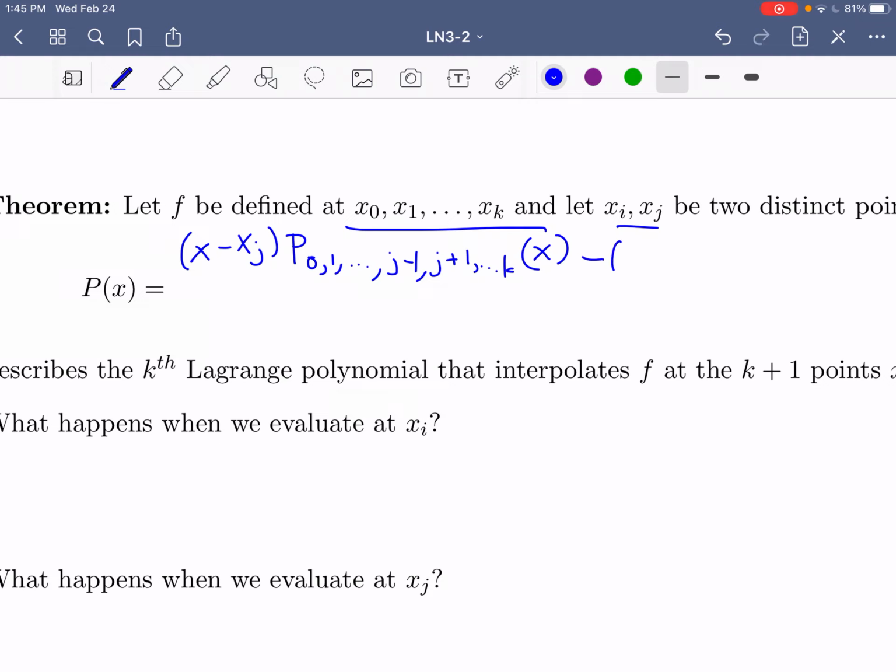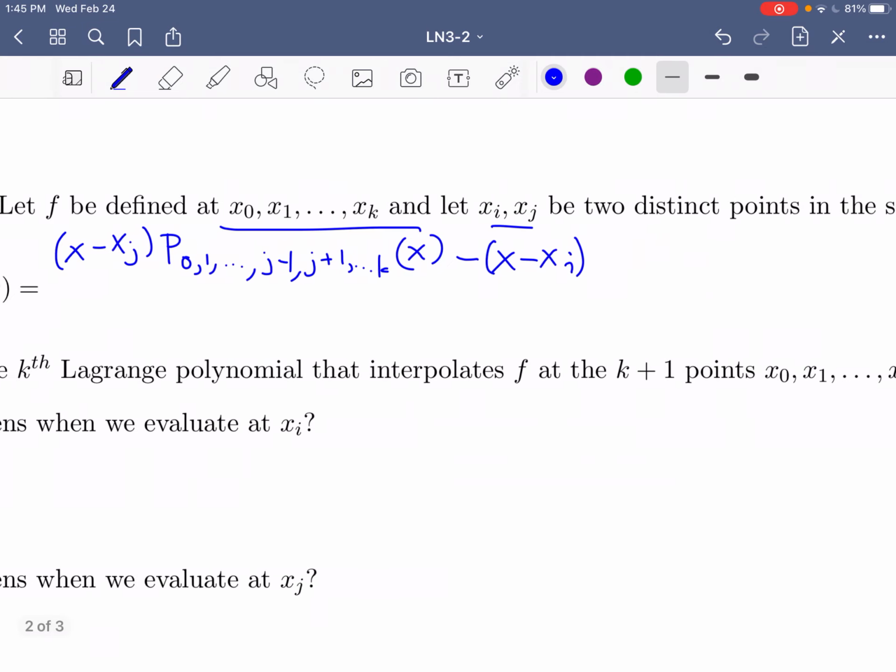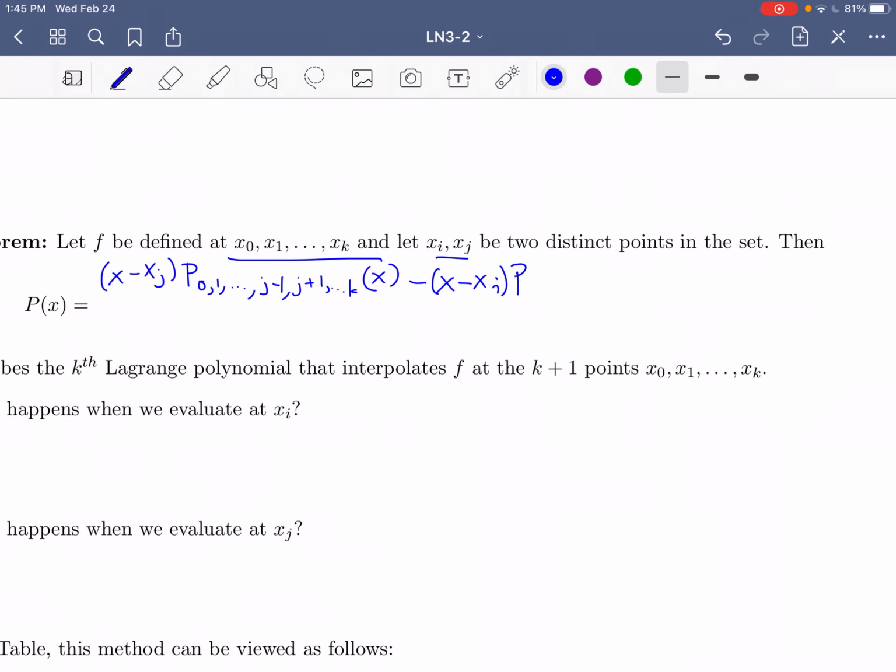minus x minus the other node, x minus x sub i, times the Lagrange polynomial that skips over i. So i minus 1, i plus 1, through k.